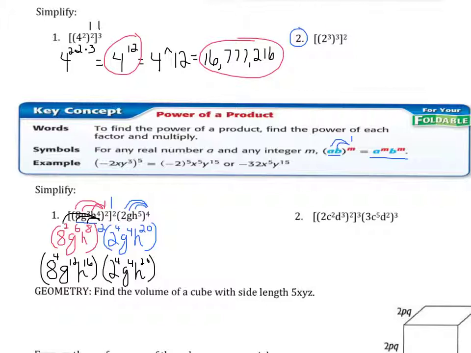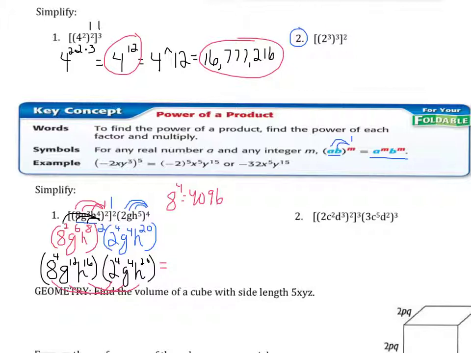Okay, so now we're going to multiply our constants, our g variable and our h variable to get our final answer. So 8 to the 4th, I've already done that on my calculator, and that is the same as 4,096.